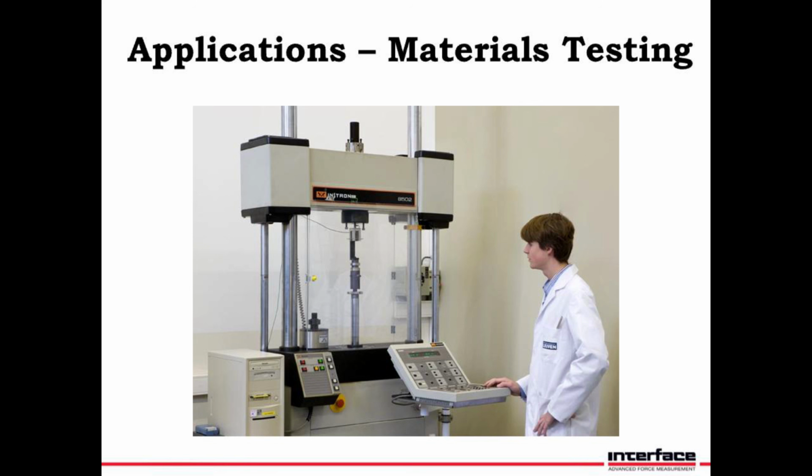I've seen tests ranging from tensile tests of fasteners, so hardware, hex head cap screws for example, to fatigue testing of fabrics for ropes. And you can imagine cargo ropes need to be specified at a certain breaking force. So that is another common application.